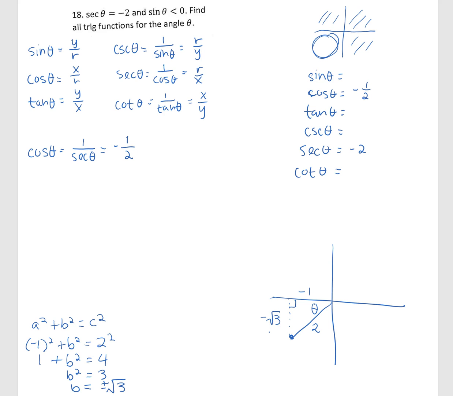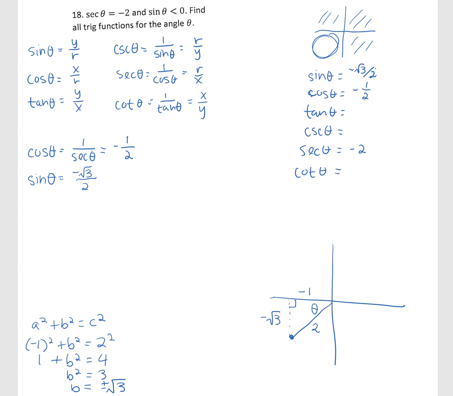Okay, so that tells us our y, and from that we can now figure out sine theta. So sine theta we know is y over r. Our y is negative root 3, our r is 2. So sine theta here is negative root 3 over 2.